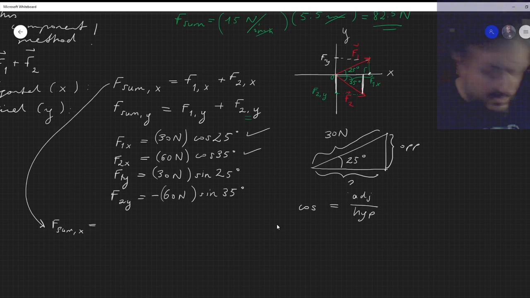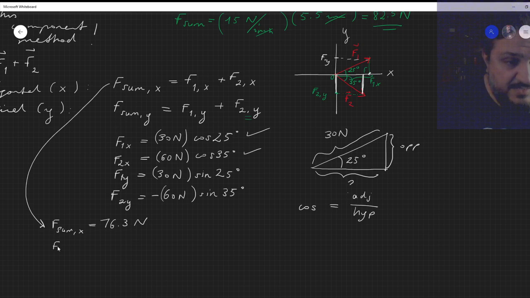So 30 cosine 25 plus 60 cosine 35 equals 76 point, it goes like 338. Let's just take one more digit after the decimal point: 76.3 newtons.